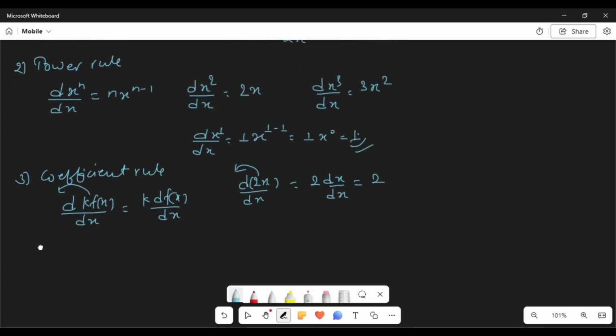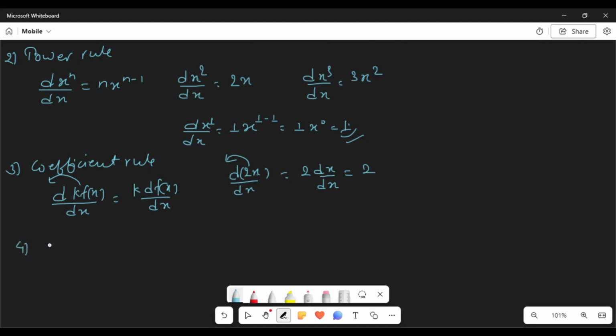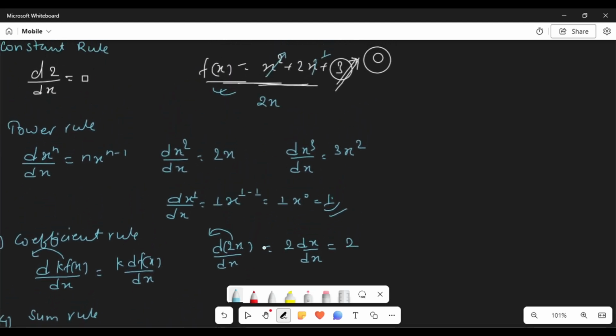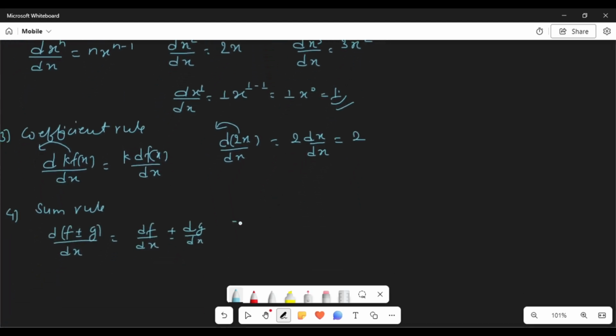The fourth one is the sum rule. It states that if you have two functions as a sum or difference, then the derivative will be equal to the sum or difference of the individual derivatives of the functions. For example, we have this question: f(x) equals x squared plus 2x plus 3.